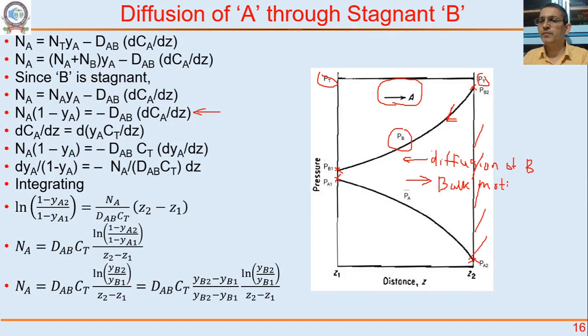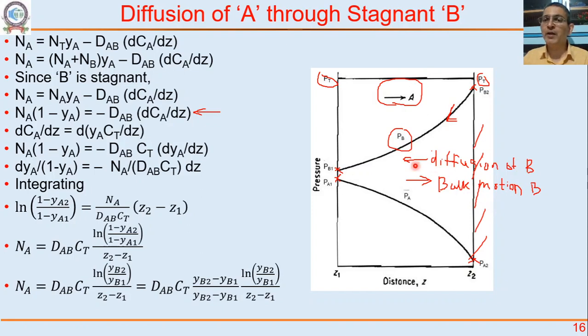Think about this. These are important concepts, and difficult concepts. You need to think a lot, you need to visualize. So the motion of B is in two different directions, because of diffusion and because of bulk motion.